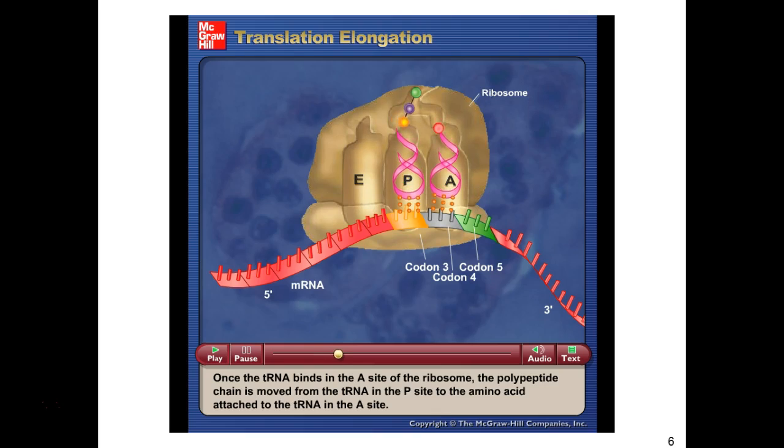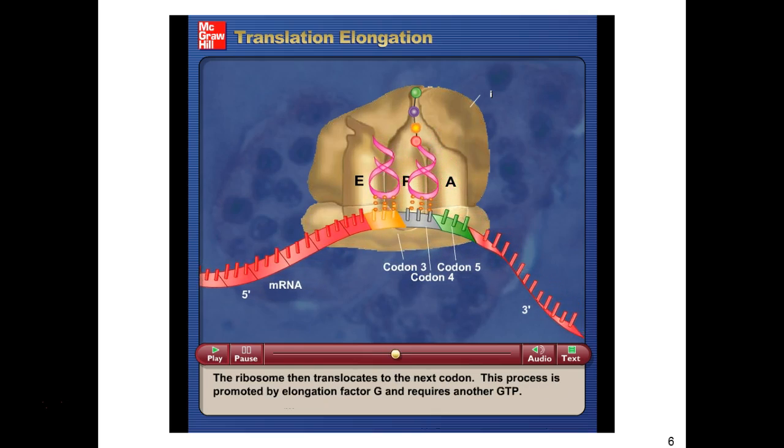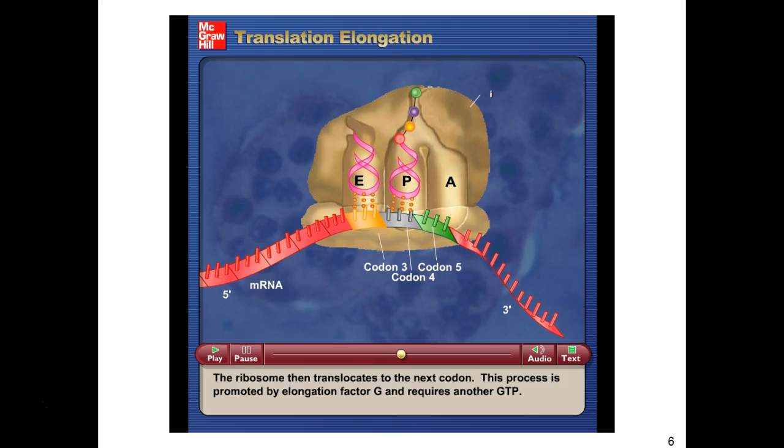The polypeptide chain is moved from the tRNA in the P site to the amino acid attached to the tRNA in the A site. Peptidyltransferase, a protein-RNA complex present in the 50S ribosomal subunit, catalyzes the formation of this new peptide bond between the amino acids. The ribosome then translocates to the next codon. This process is promoted by elongation factor G and requires another GTP.